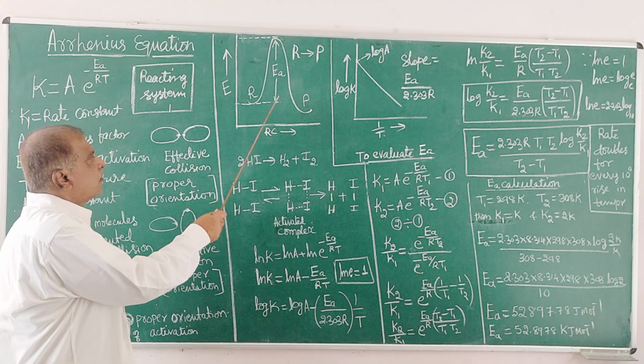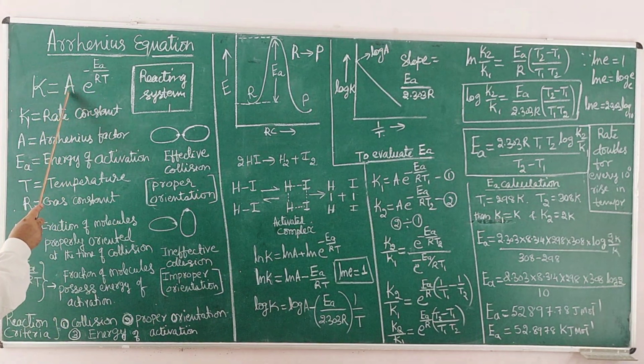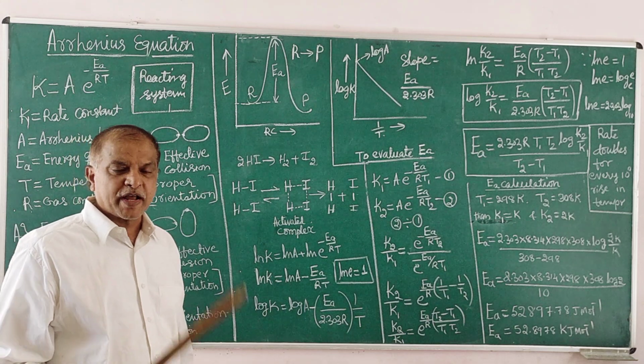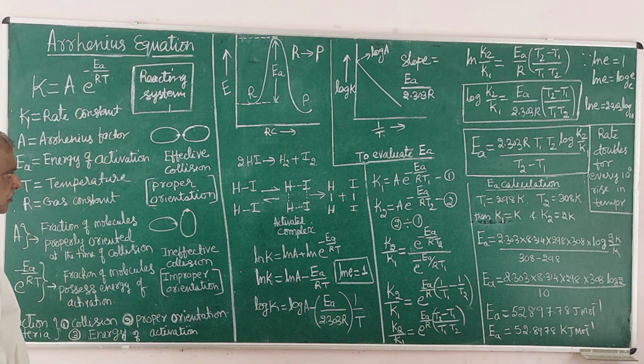That is why only a fraction of the molecules have the energy of activation. This fraction into that fraction gives one more fraction, which is actually less than either fraction. That fraction will undergo chemical reaction. That is the concept of the Arrhenius equation.